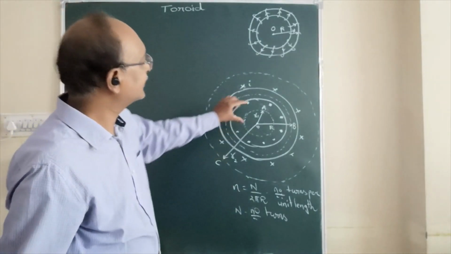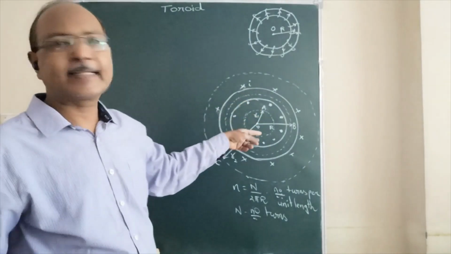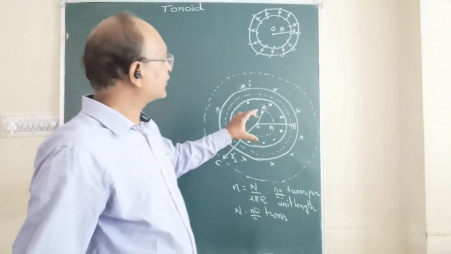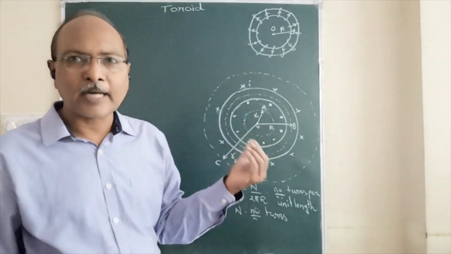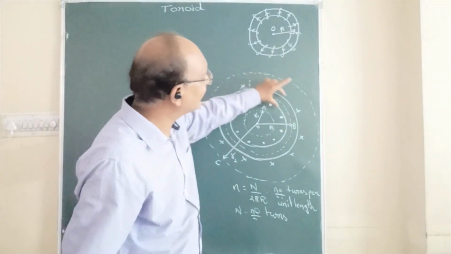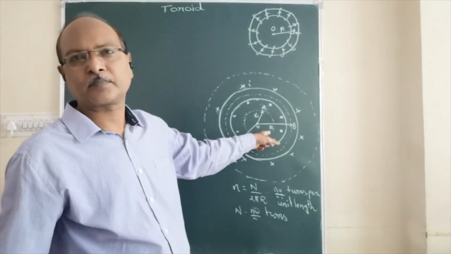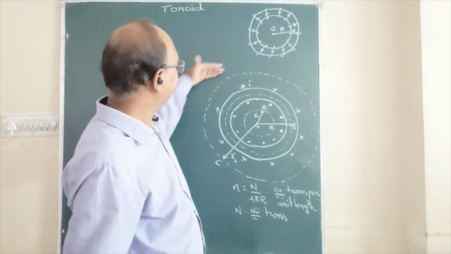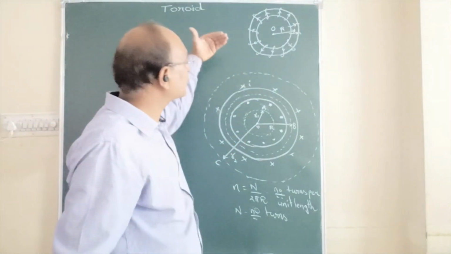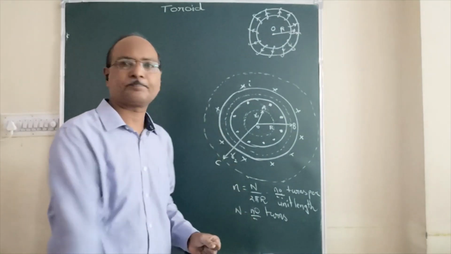One loop is A. Radius is R1. It is inside the toroid. Next, another Amperian loop is B. It is inside the material of the toroid. Here, radius is capital R. Then the other one is C. This outer one is C. So this is completely outside the toroid. Radius is R2.